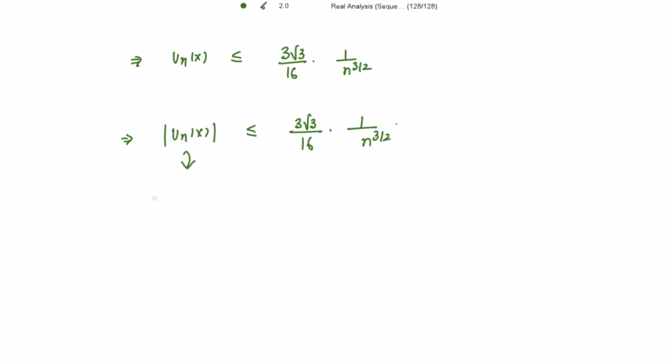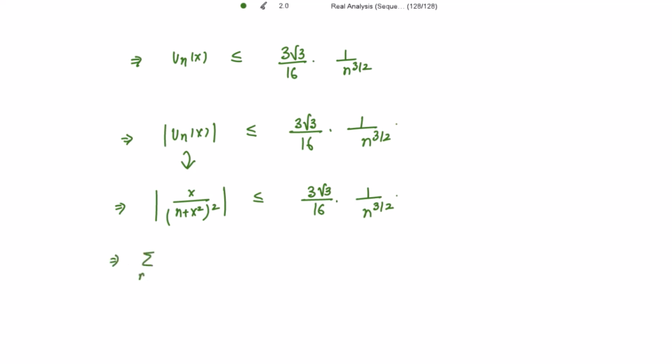What is un x? Just writing that. It is x divided by n plus x square whole square, less than or equal to 3 root 3 divided by 16 into 1 divided by n to the power 3 by 2. Now let's take summation on both the sides.